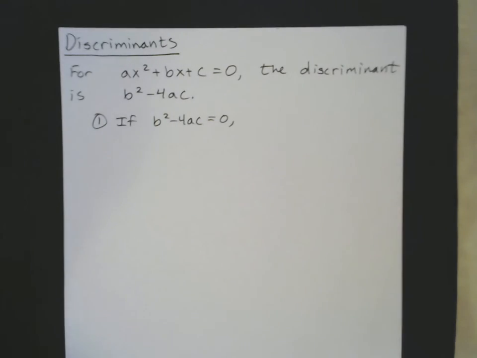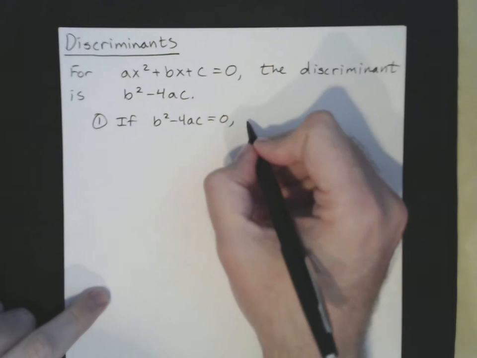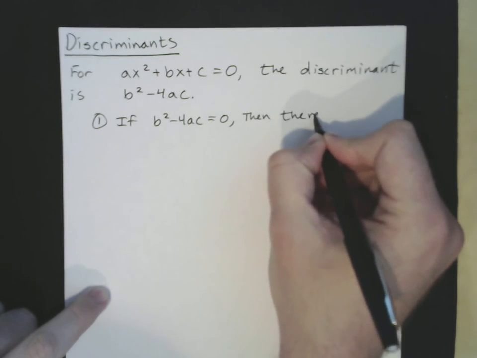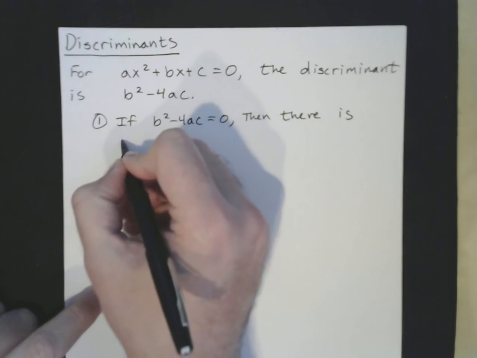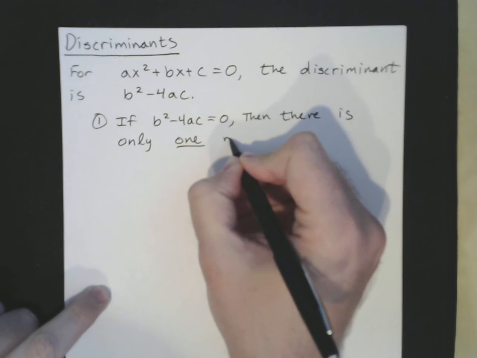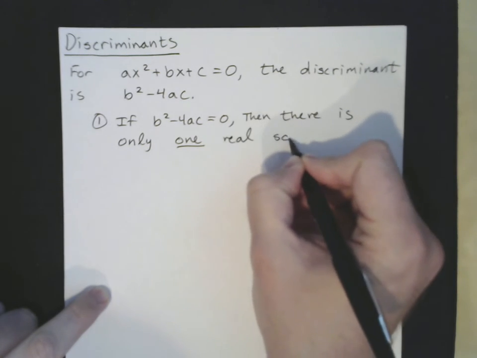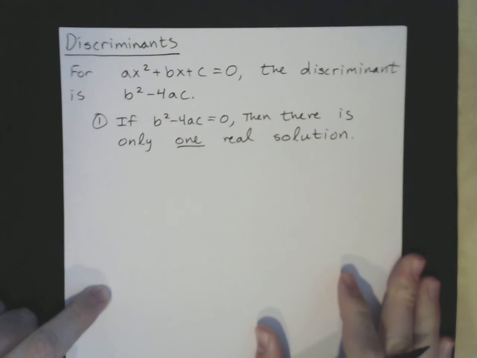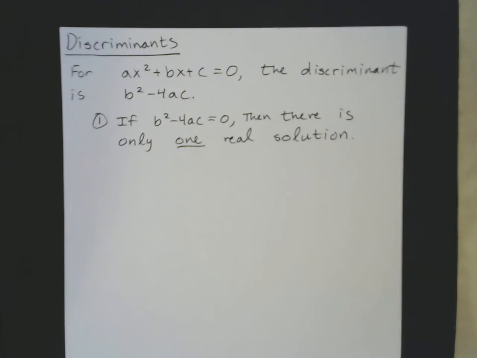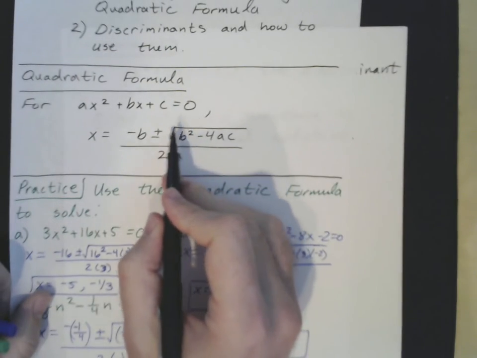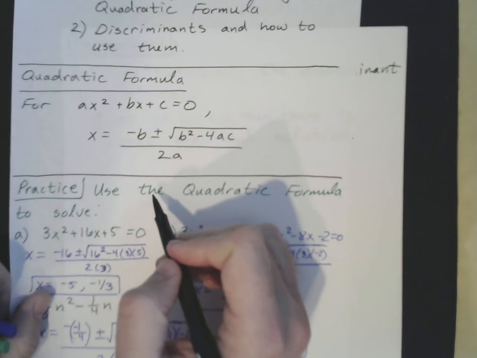And that means that there is only one real solution. Because if our discriminant goes to 0, if this thing's gone, there's nothing to plus or minus. So there's not two answers, there's just the one.